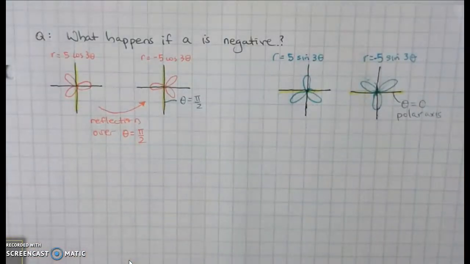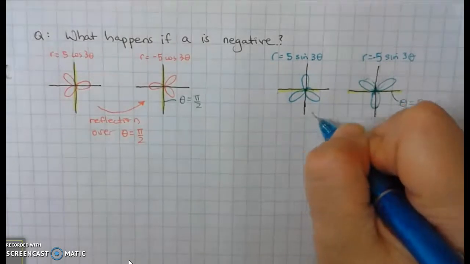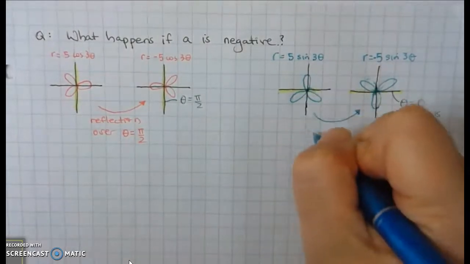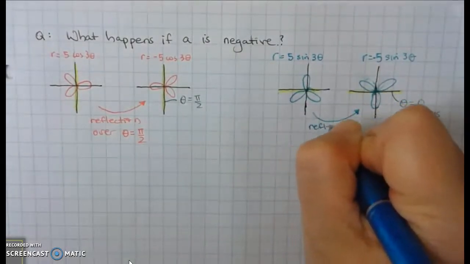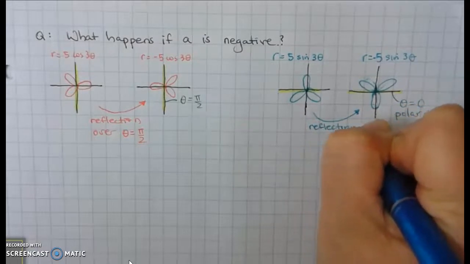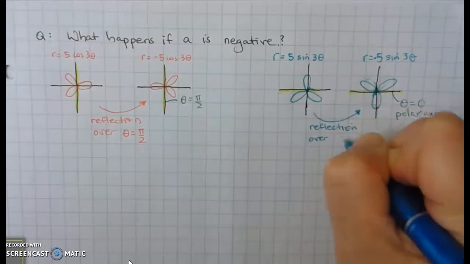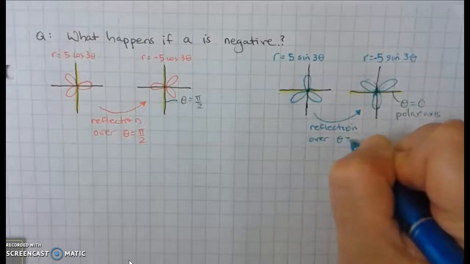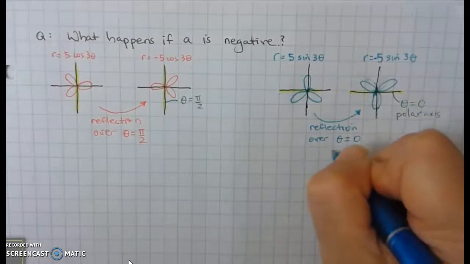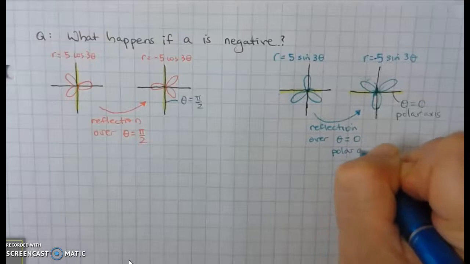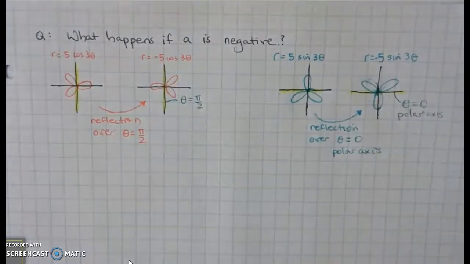So it looks like a reflection over the line of symmetry where theta is equal to 0, the polar axis. Okay, great. That's all about the rose curves.